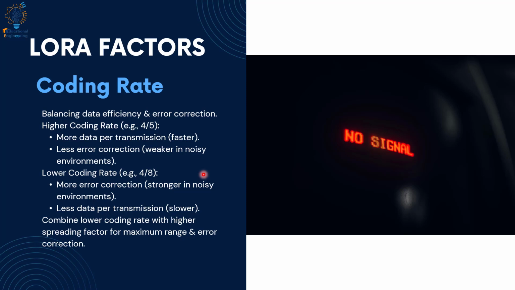Conversely, if speed is a priority and the environment is relatively clean with minimal interference, a higher coding rate can maximize data throughput. Coding rate works in conjunction with the spreading factor. A good rule of thumb is to combine a lower coding rate with a higher spreading factor for situations demanding maximum range and error correction, even if it means slower data transmission.